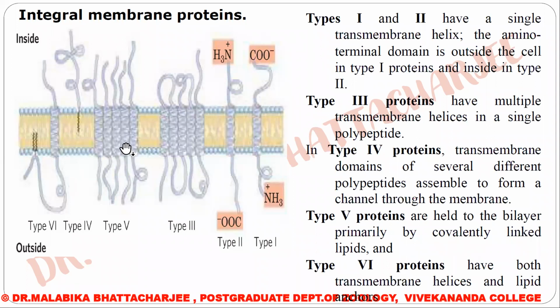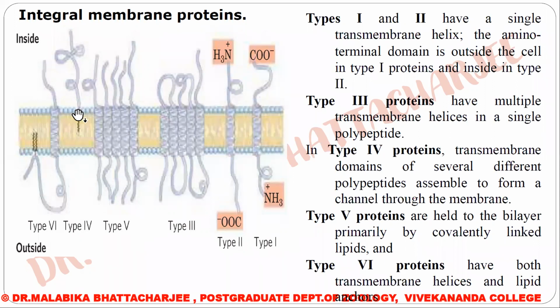Remember, the difference between type 3 and type 4 is that in type 3, it is a single polypeptide that is traveling through the membrane many times. But in type 4, different polypeptides pass through the membrane individually. They come together to form a channel.